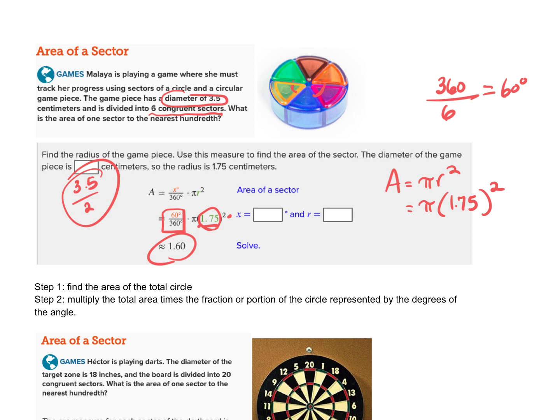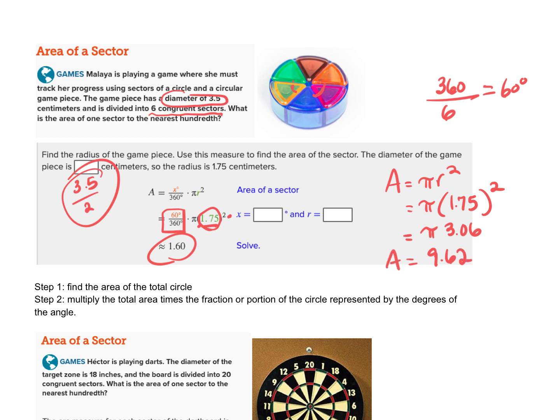I'm going to square that, and we get 3.06. Then I'm going to multiply that times pi, and I get 9.62.